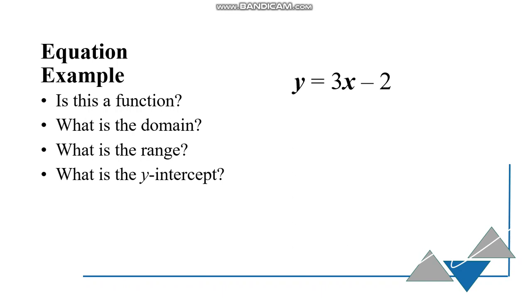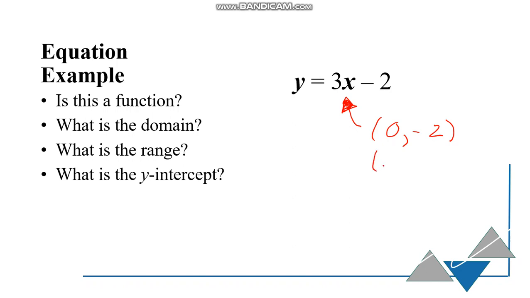Sometimes we're given an equation. Is this a function? All right, so again, for any x that I put in here, can I get more than one y? So try a few out. If I put x equal to 0, I get 3 times 0 is 0, minus 2 is -2.